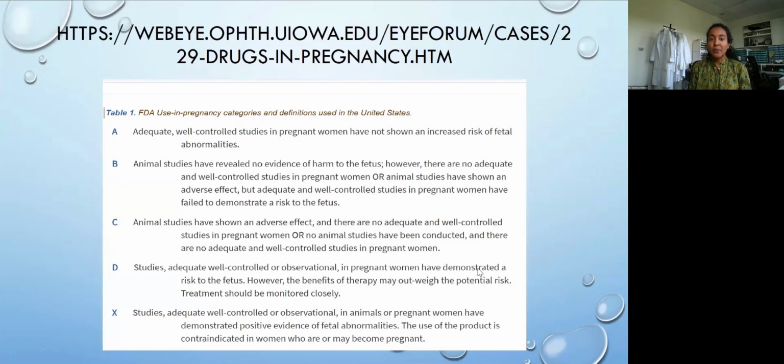I also had a few questions about which drugs are safe or can be used in pregnancy. So here's a good resource for you.